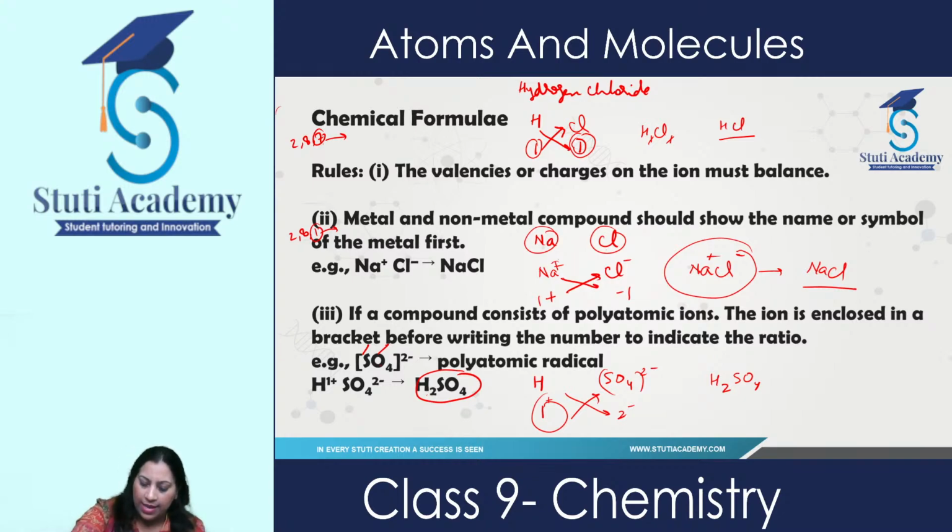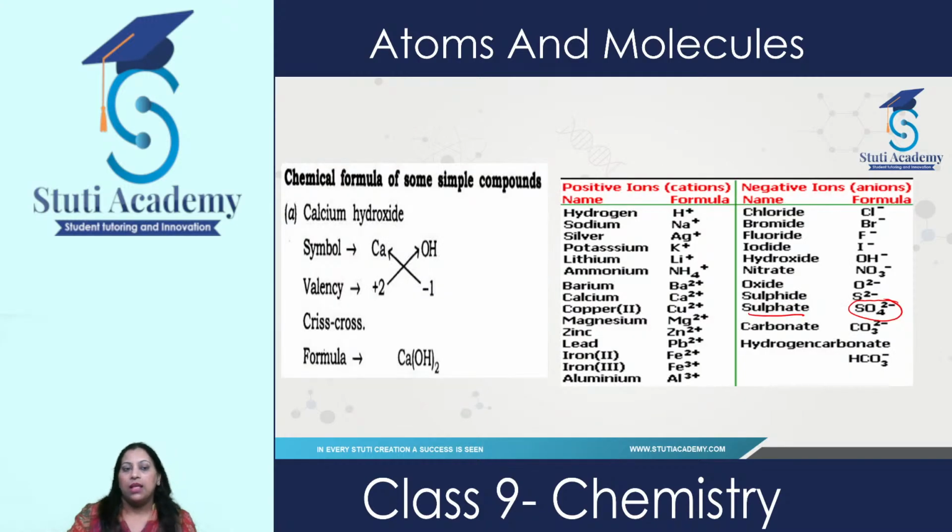Fine. Then next is the chemical formula of some simple compounds. Look at the example of calcium hydroxide. Again and again I am saying, learn this table, otherwise you'll not be able to write chemical formulas. So first is calcium. Look at calcium. Here it is.